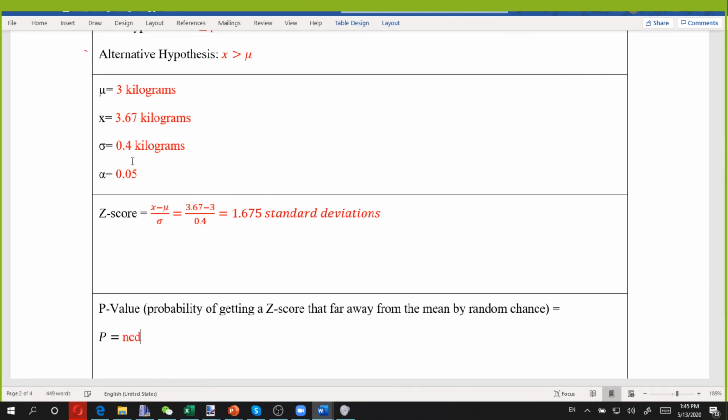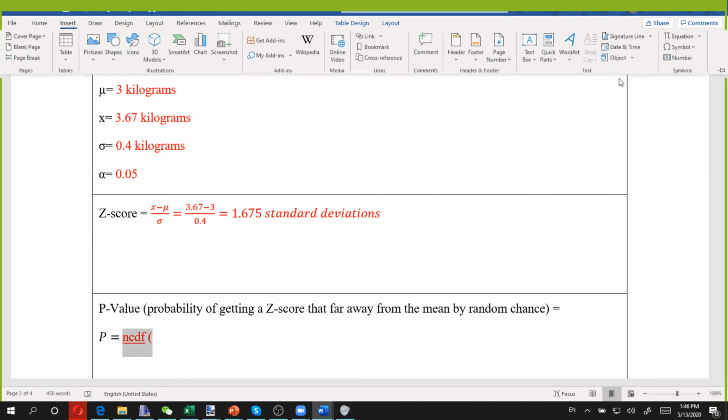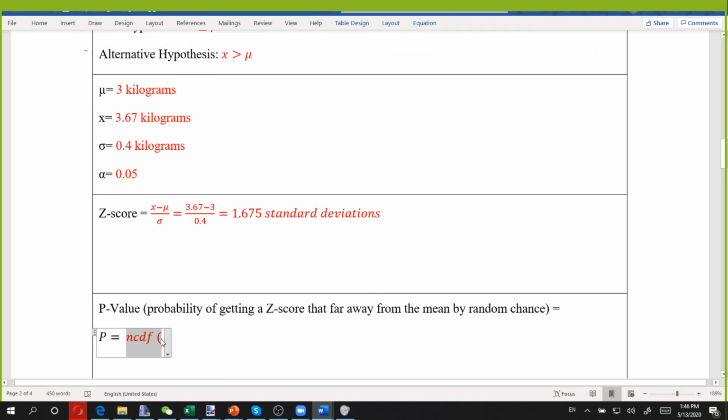Normal CDF, 1.675. Okay, where are we starting from though? Sorry. You're actually right. 1.675. Okay, so we're going up for this one.